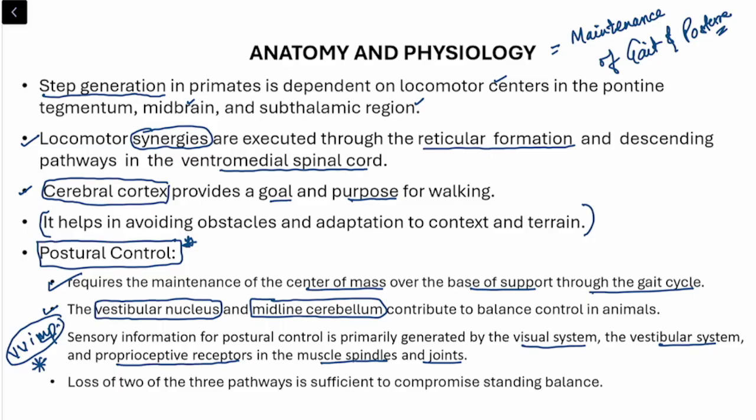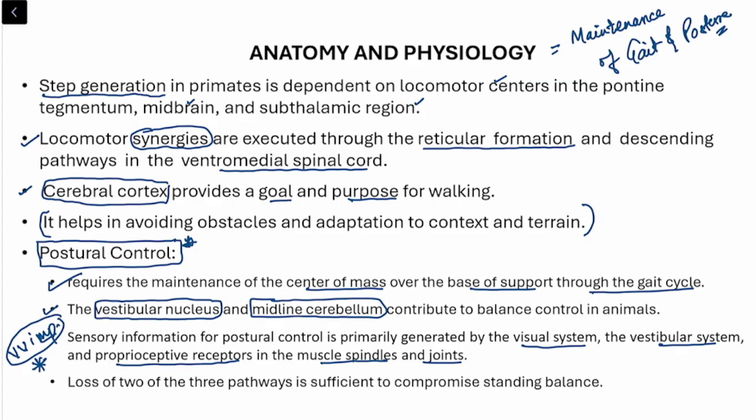See, we maintain our posture by gathering information from different peripheral sensations, right? We gather information from the visual system, from the vestibular system, and from our proprioceptive receptors which are present in muscle spindles and in joints, right?